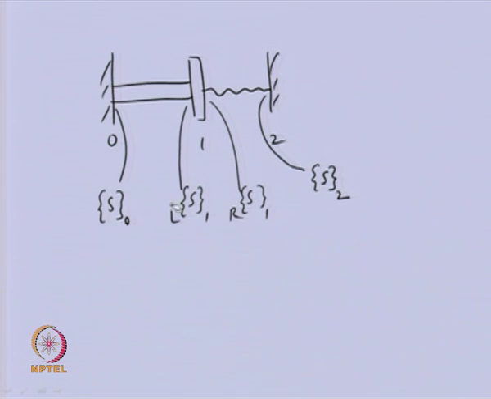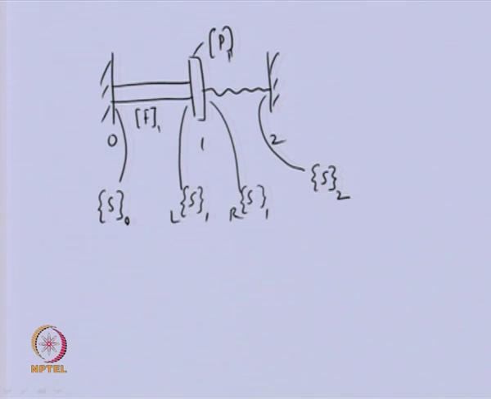Now, you can see that between these two state vectors there is a field matrix, and between these two we have a point matrix.